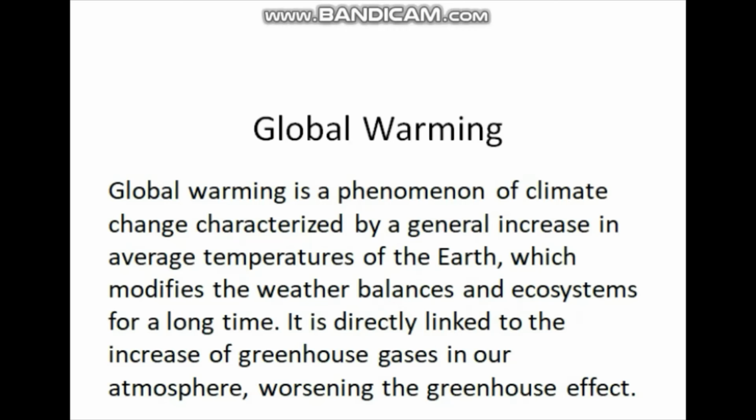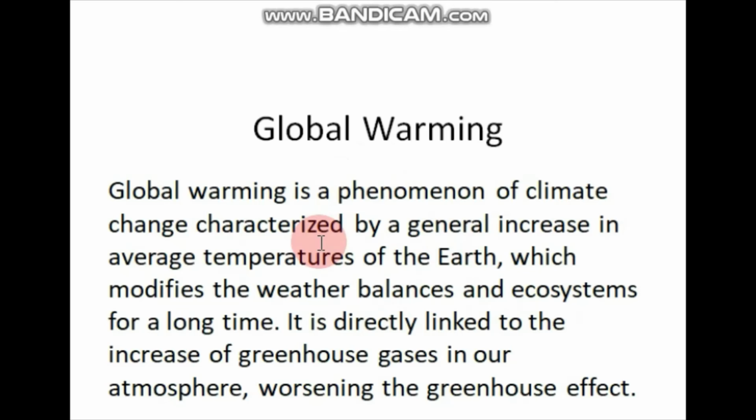So now let's look at what global warming is. Global warming is a phenomenon of climate change characterized by a general increase in average temperatures of the earth, which modifies the weather balances and ecosystems for a long time.